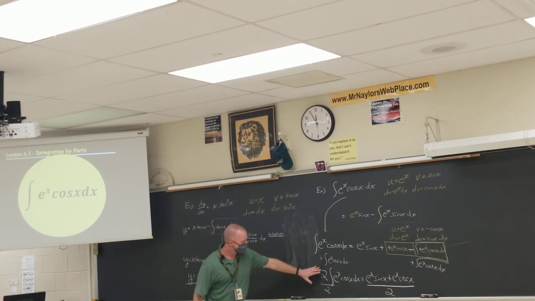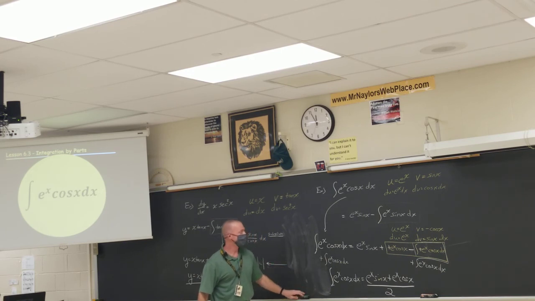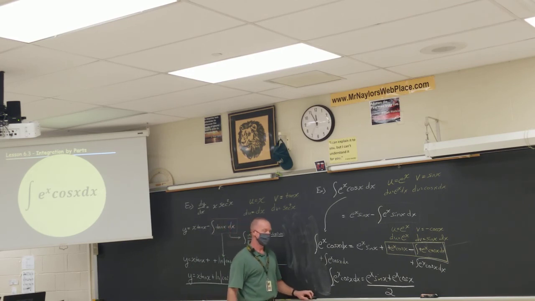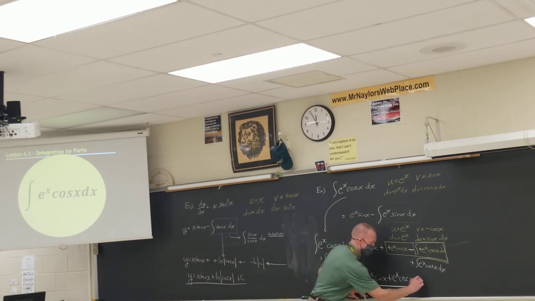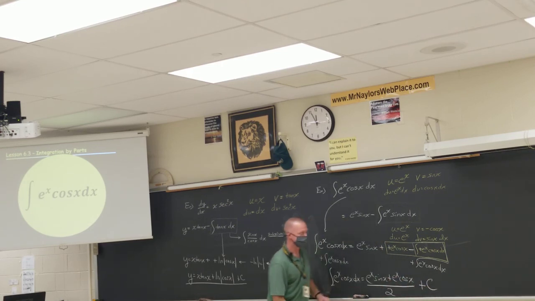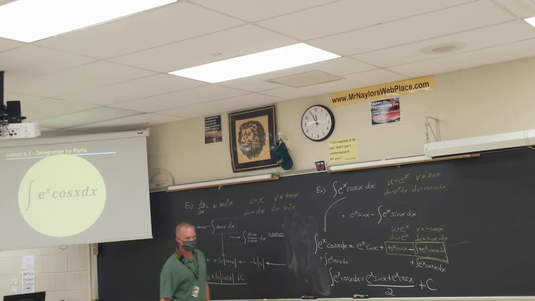So 1 integral of e to the x cosine of x is equal to half of e to the x sine of x plus e to the x cosine of x, plus c.